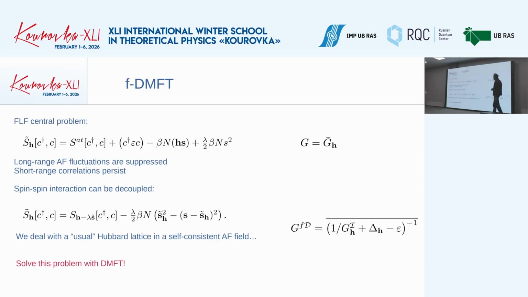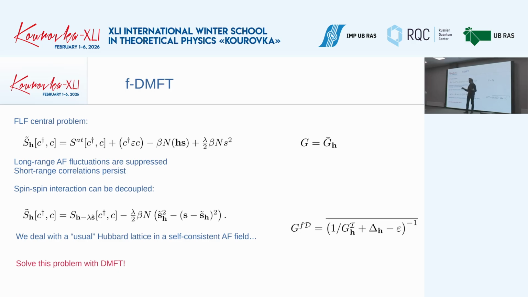But this is actually what we need. I call it the central problem of the method. This is what we need. So we need just to average the Green's function over this ensemble. This is, as I told you, the Hubbard model without long-range fluctuations.